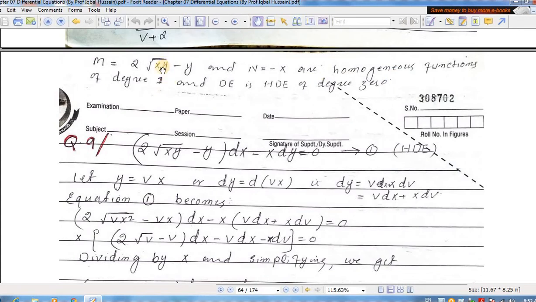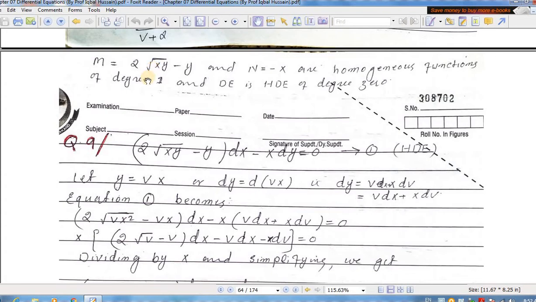Here we have to calculate the degree of this term as well as the degree of this term. The degree of this one is 1, and here the degree of x y under root multiplied by 2 is also 1.